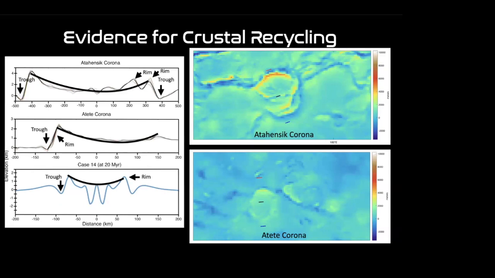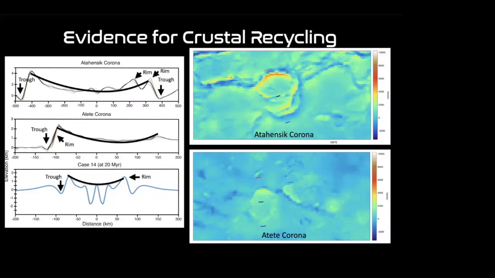Yeah, so in the model, we have no dynamic uplift. We also have, in this version of the model, no sedimentation or lava to infill anything. So this is probably an artifact from the fact that we're not making any new material that can flow.